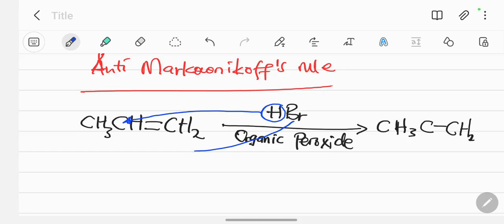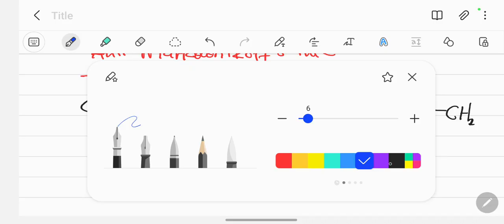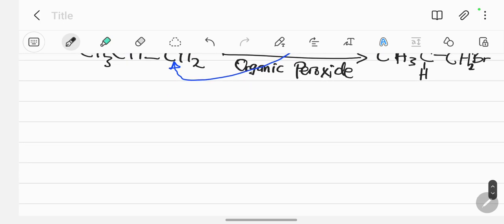Then this bromine, we give it to that carbon atom with the highest. So we end up with bromine being there and the 2 hydrogen atoms there. So that is it.